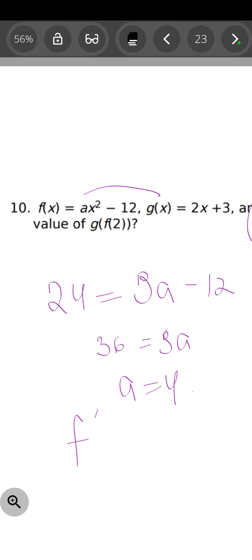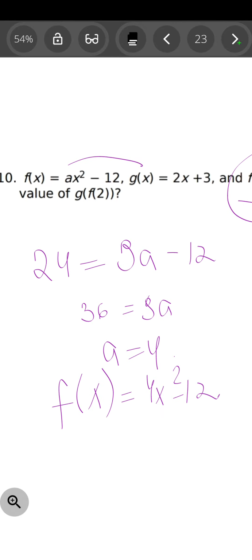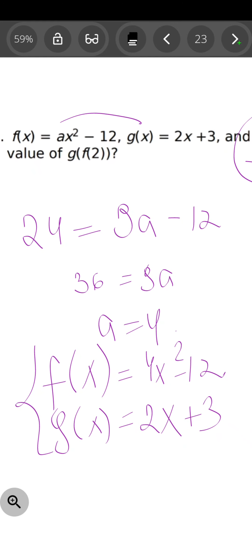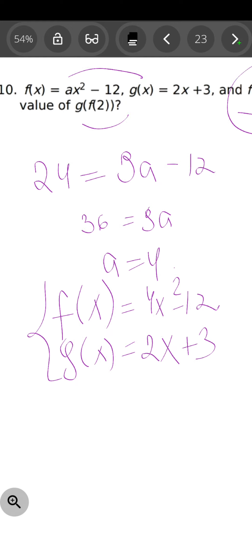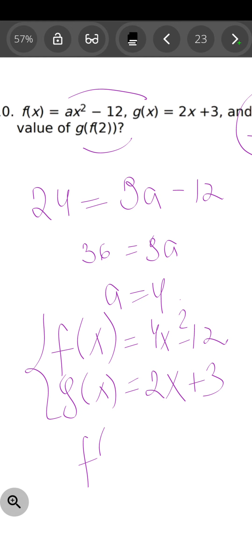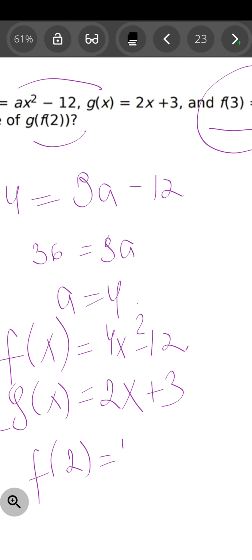And the function f of x will be 4 times x squared minus 12, and g of x is equal to 2 times x plus 3. And if we want to find the value of the function f if x is equal to 2, it will be f of 2 is equal to 4 times 2 squared, 4, minus 12.